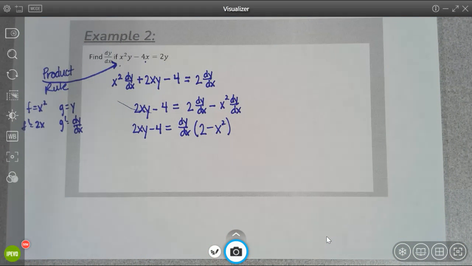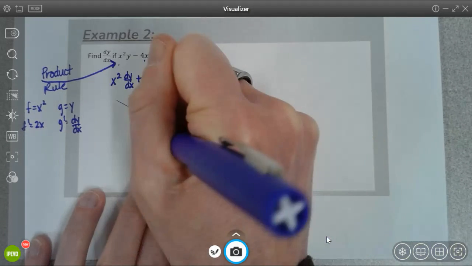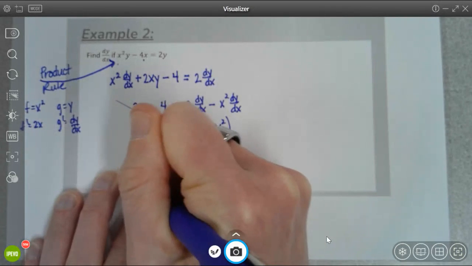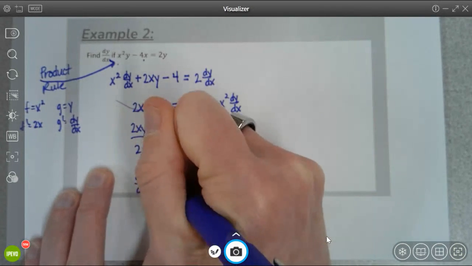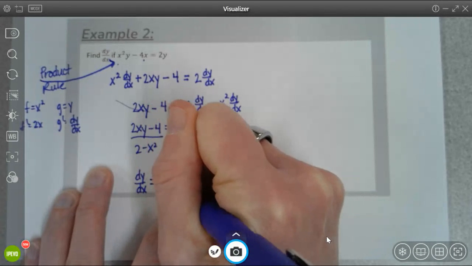And now once I've broken it off of each of those pieces, now I can solve for that dy/dx by dividing by that entire group of 2 minus x squared. And so my final answer for this guy would be dy/dx equals 2xy minus 4 over 2 minus x squared.